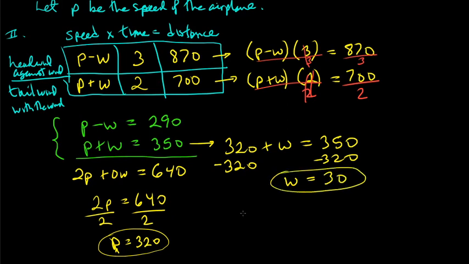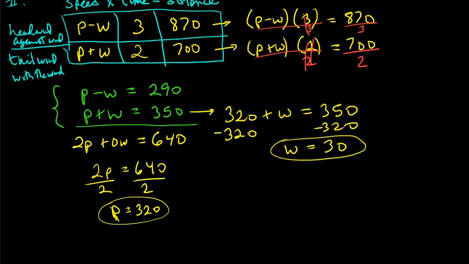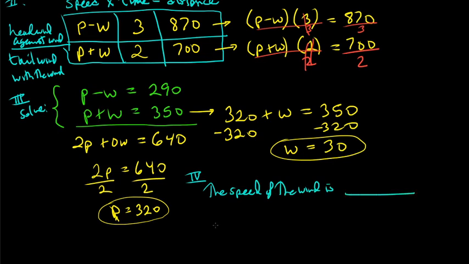So the speed of the wind is 30 miles per hour, and the speed of the plane is 320 miles per hour. So that's step 4. Oh, step 3 was to solve the system. Sorry. Right, so step 4, the speed of the wind. Right. And then the speed of the plane.